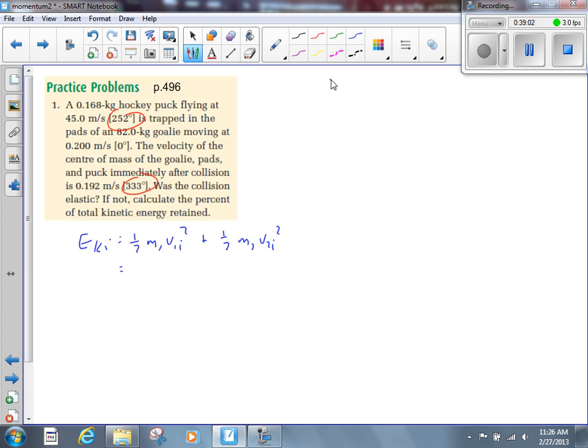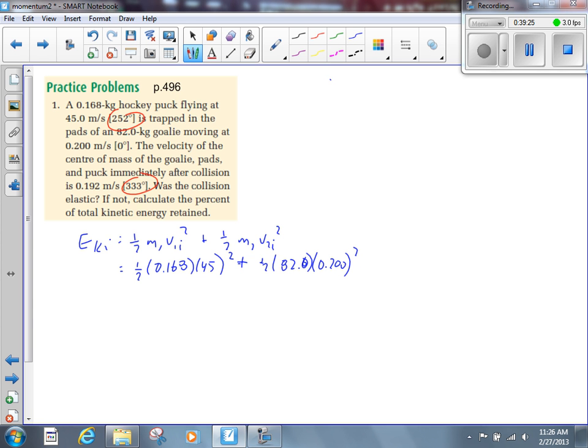Fairly common mistake. We've got 1/2 of 0.168 times 45. I don't care that it's 252 degrees. It's irrelevant. Plus 1/2 of 82.0 times 0.200. Just because it's 0 degrees doesn't mean it doesn't count.